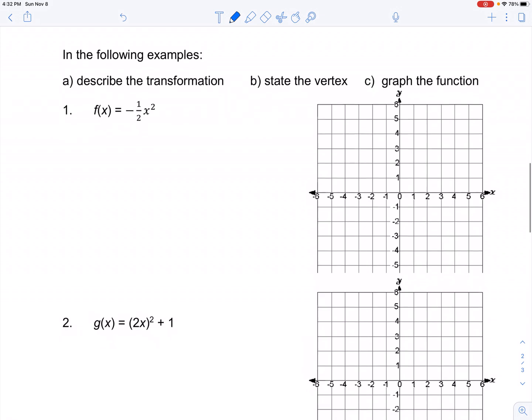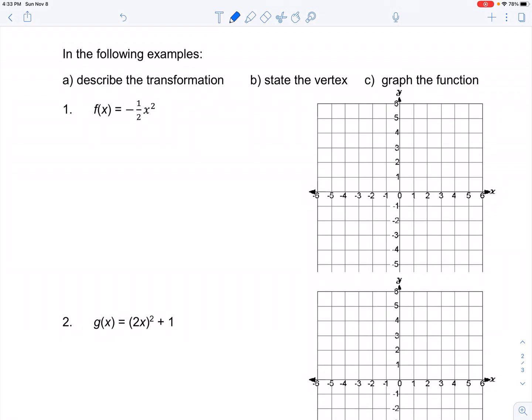Okay, so here we have our examples. We have f of x equals -1/2 x squared. So this tells us first, since a equals -1/2, that's important to notice, we have a reflection across the x-axis, and that's why it's going to open down.